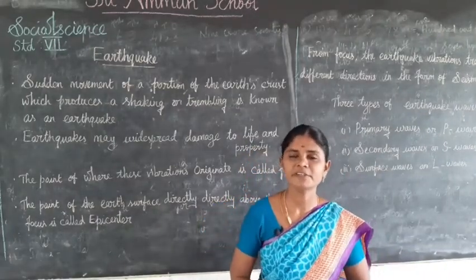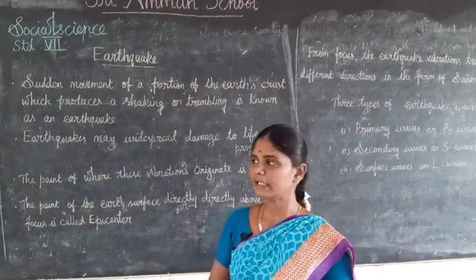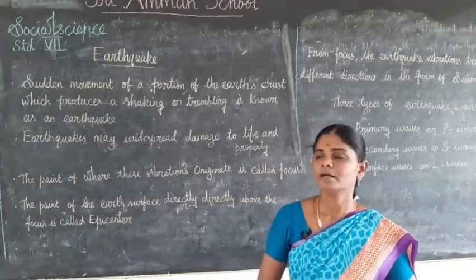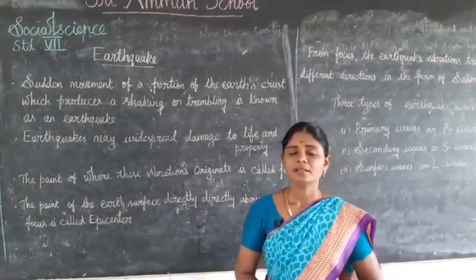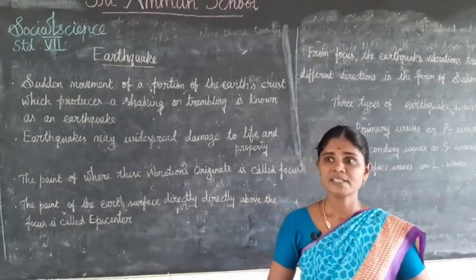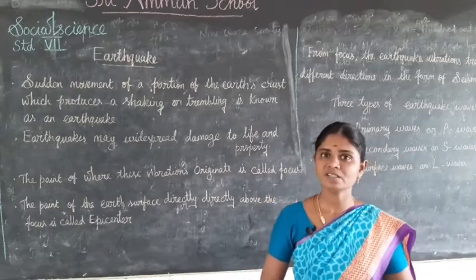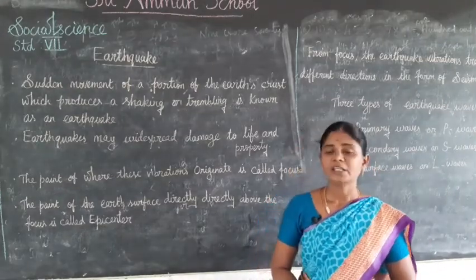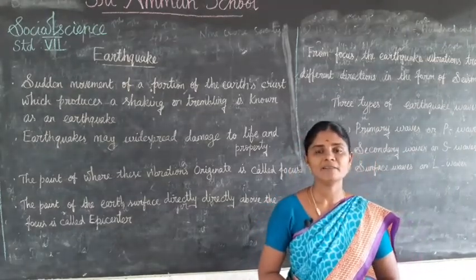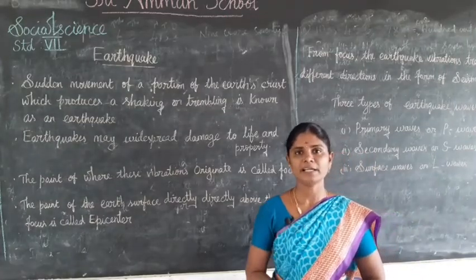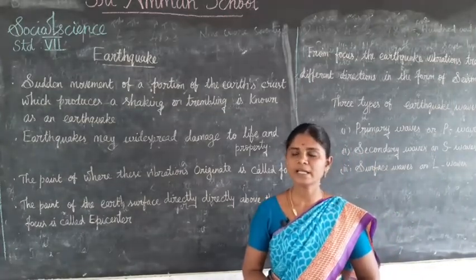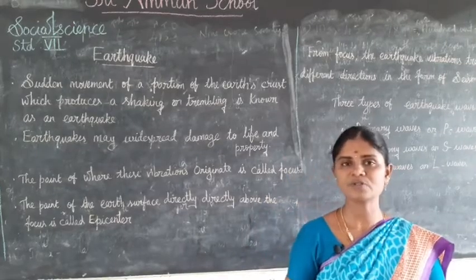This is our third video for Geography lesson 1, Interior of the Earth. Let us recall the last videos. The earth is composed of four spheres: lithosphere, hydrosphere, atmosphere and biosphere.